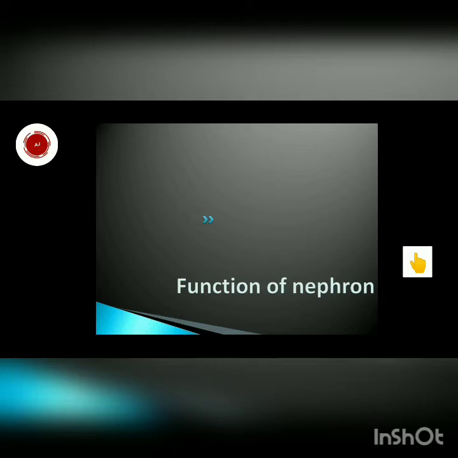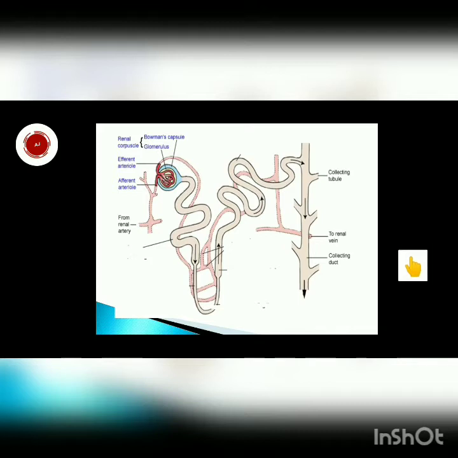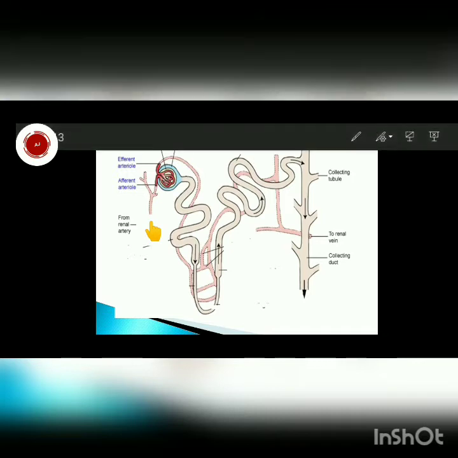Okay, now we will see how nephrons work, how they filter blood. Let's see. Now see, this is the structure. Here you can see that the afferent arteriole is coming inside the ball. Now when the afferent arteriole forms the glomerulus, it divides into finer tubules.